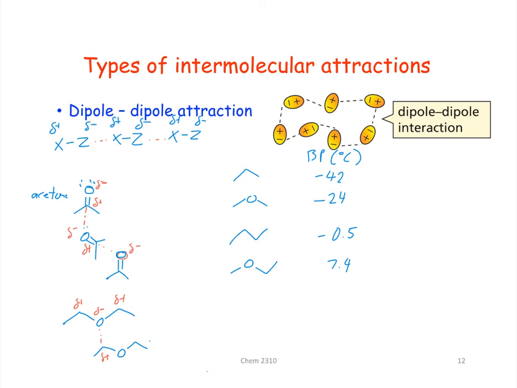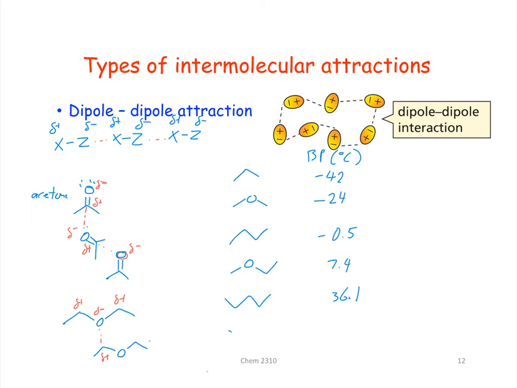However, when we get up to pentane, the boiling point of pentane is 36.1, right? That's above room temperature, so this is the first of the alkanes that is liquid at room temperature.